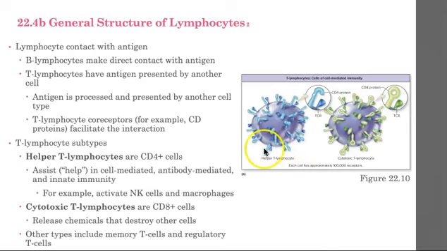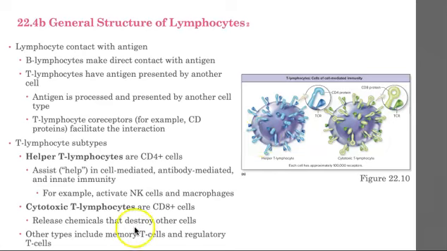So sometimes you may hear our helper T cells being called CD4 cells, and that's because they have this CD4 protein on them near a T cell receptor, and they are going to work to help in the cell-mediated immune process, and they help our B cells in the antibody-mediated process and within our innate immunity.